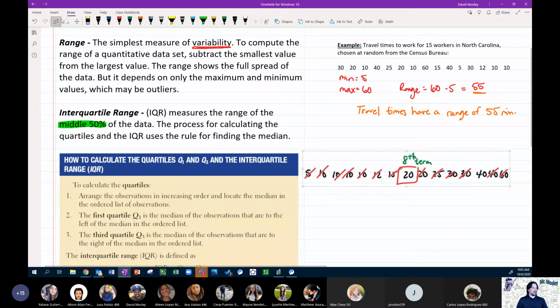All right, so not cooperating. Okay, so now we've got our data set. We already found the median.